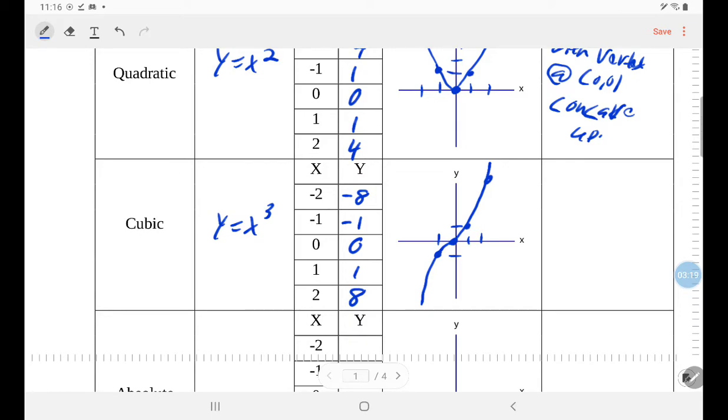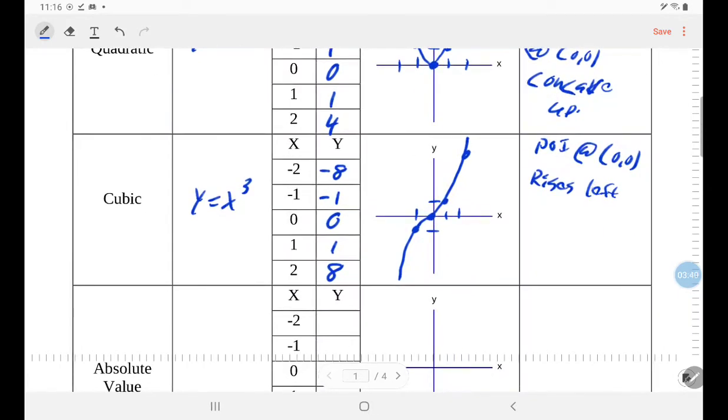So putting it in words, it actually has something called a point of inflection at the origin, and it rises right. Sorry about that. It rises right, excuse me.